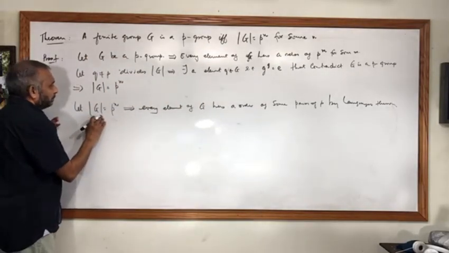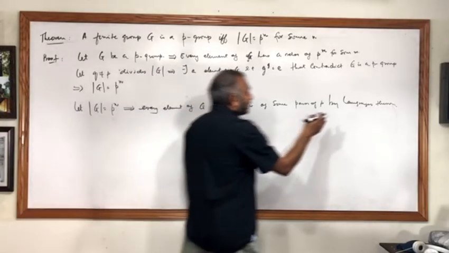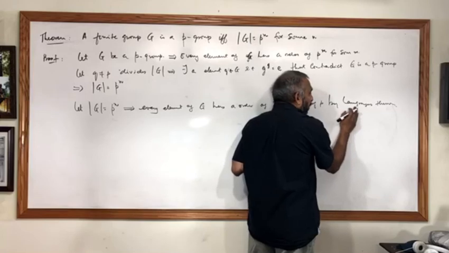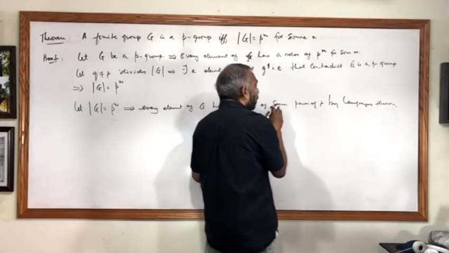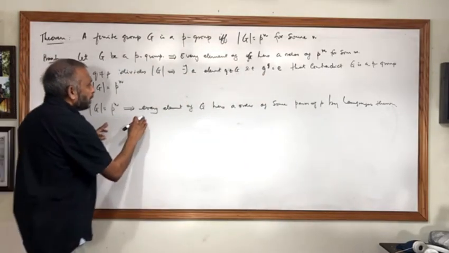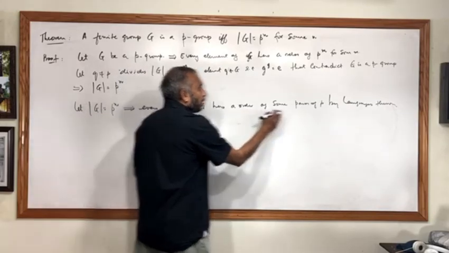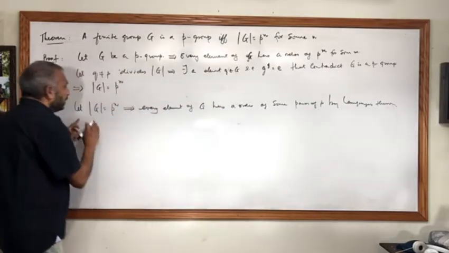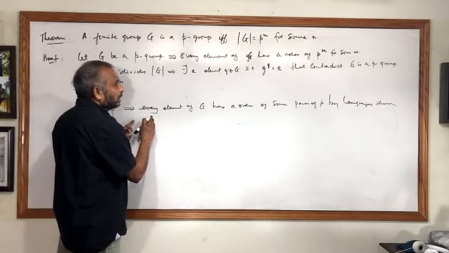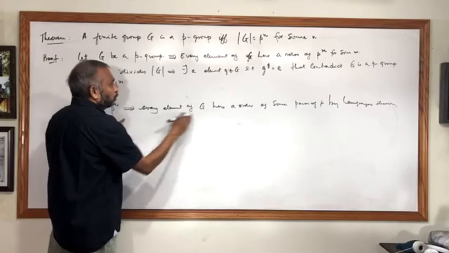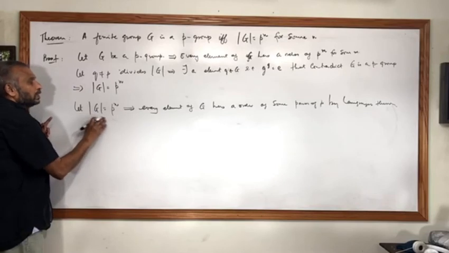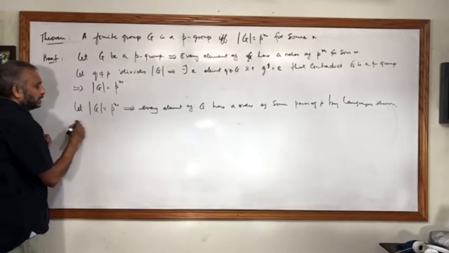Because Lagrange's theorem states that the order of every subgroup should divide the order of G. So every element of G should have order some power of P, because the order of G is P to the power of n. If there is an element whose order is other than a power of P, then this will not be true. So that is the proof.